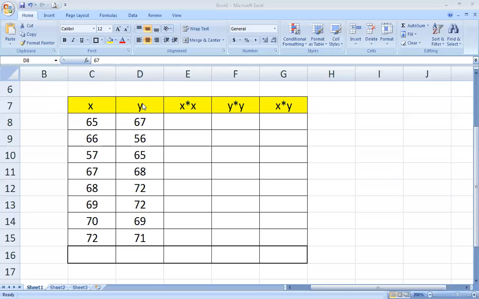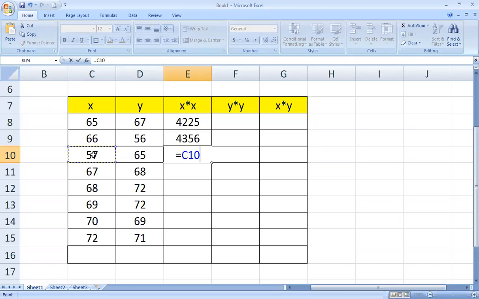So we will go back to our topic. The x is our father's height and y is our son's height in inches. First we need to find x square, right? x square means 65 into 65. Then 66 into 66, then 57 into 57.